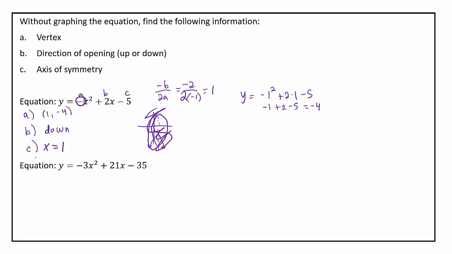So this next one is tough because we're going to get a fraction for our vertex. So please bear with me as we get through it. Because we want to do negative b over 2a. The negatives cancel. A 21 and a 3 can cancel and make 7. So this is 7 halves. The x-coordinate of our vertex is 7 halves.